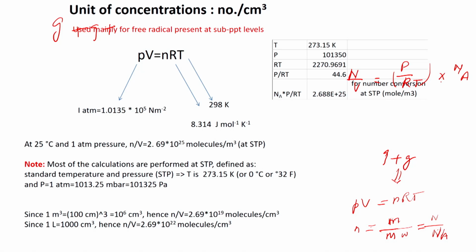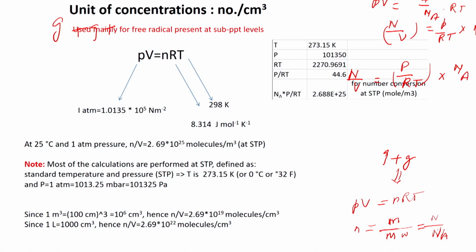If you are not able to understand, let me put this equation again. We write PV equals n upon Na into RT, and then I can take n by V equals P upon RT into Na. Okay, so this is the equation that we are using.